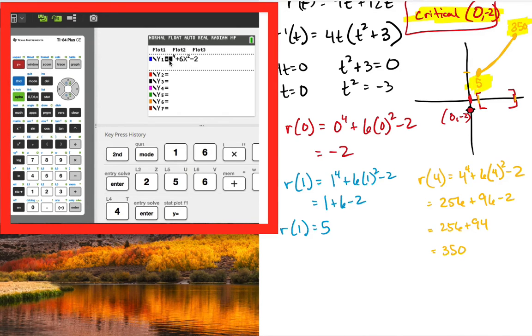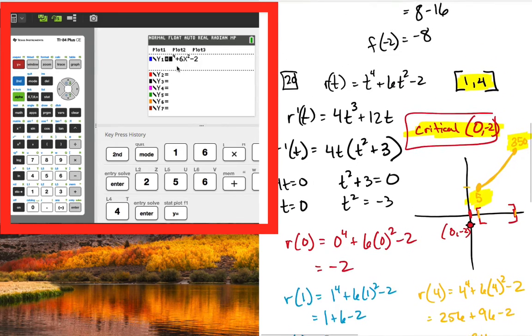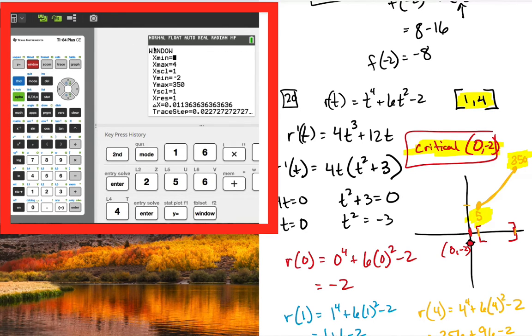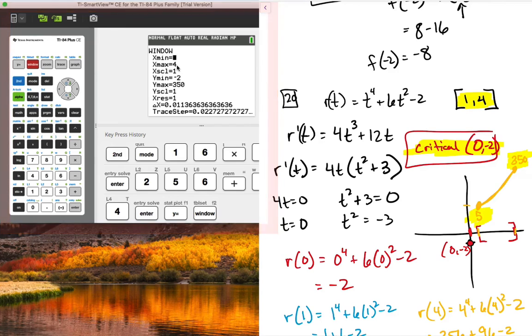So on my calculator, I'm going to plug in my original formula, right? So it's going to be t to the fourth plus 6t squared minus 2. And then I'm going to go to my window, and I'm going to set the minimum of 1 and my maximum of 4, because that's what my interval states.